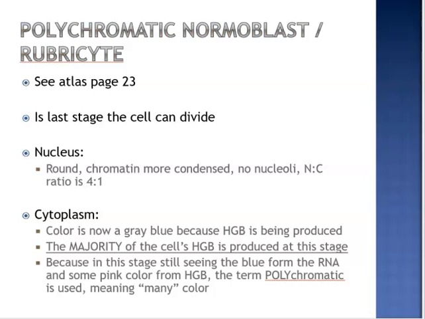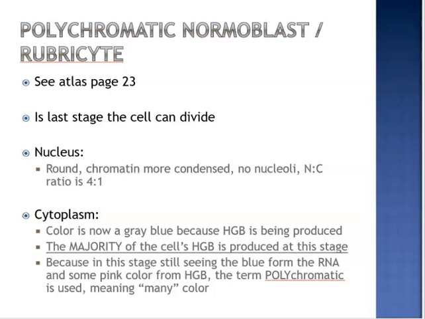The nucleus will appear round. The chromatin will be even more condensed than the previous step. You will not see any nucleoli, and the N:C ratio is now 4:1. So that nucleus has shrunk down even smaller. It's taking up less of the cytoplasm.